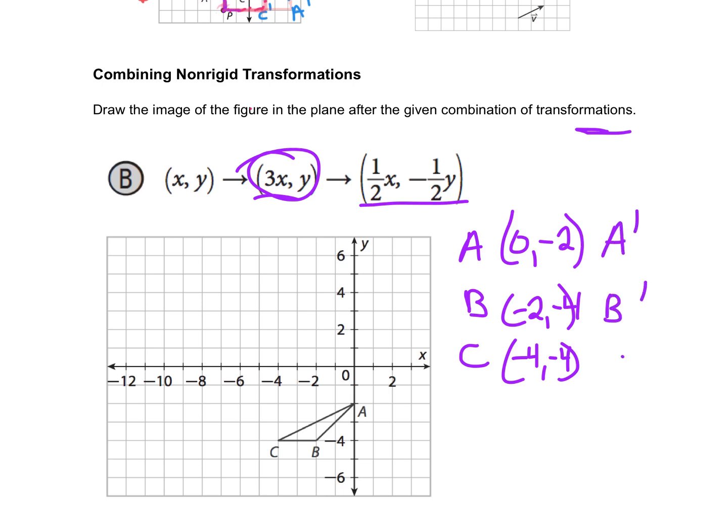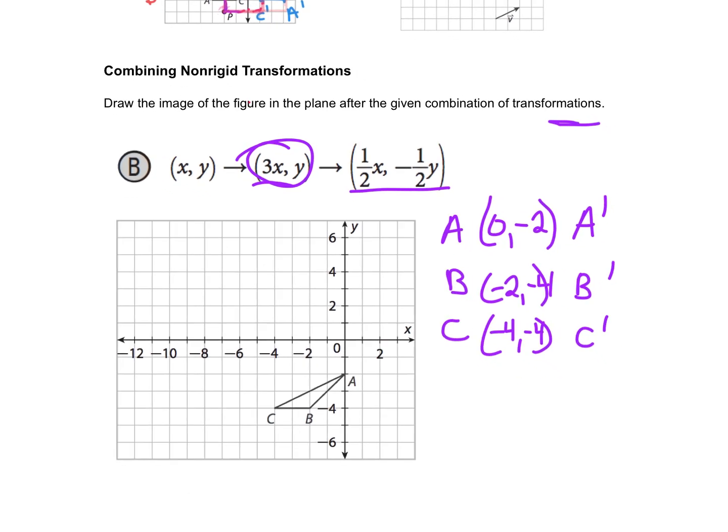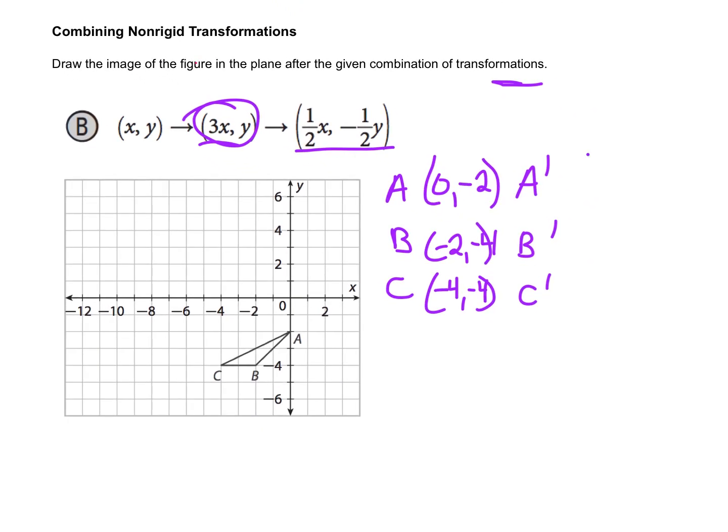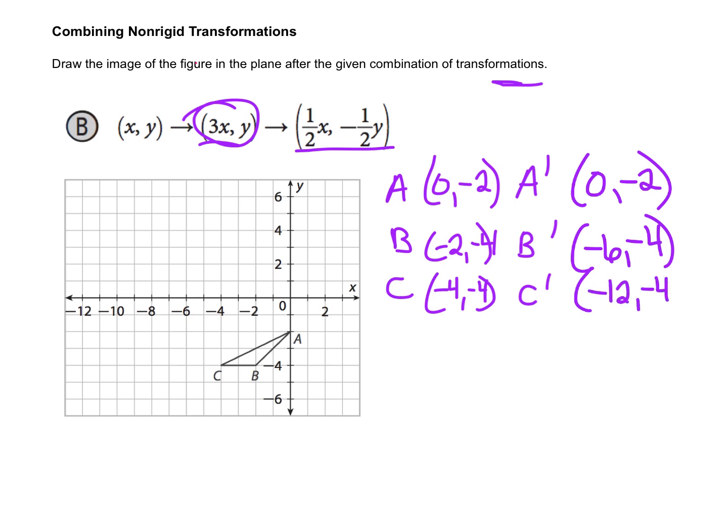Now the first transformation is multiplying the x's by 3. So A becomes still 0, -2. Doesn't change. 0 times 3 is 0. B prime, -2 times 3 is -6. And y stays the same. C, -4 times 3 is -12. And y stays the same.